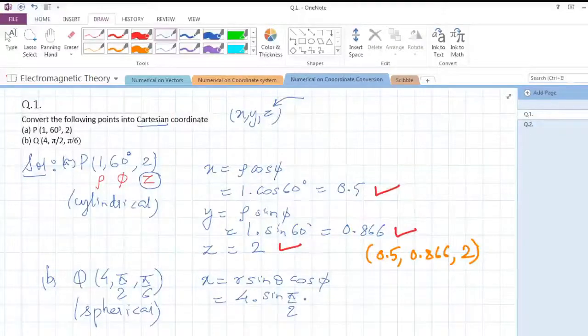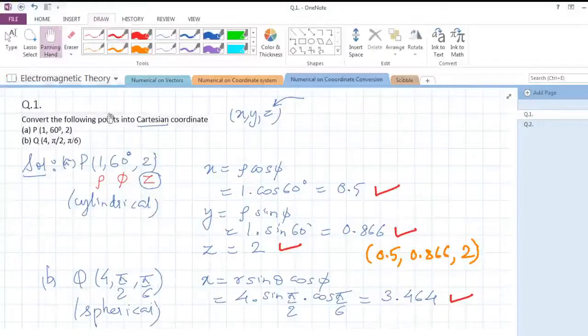Do you remember what sin pi by 2 is? It should be 1. Then cos pi by 6. To save time, I'll directly write the answer: cos pi by 6 is 0.866, sin pi by 2 is 1, and r is 4. So our answer would be 4 multiplied by 0.866, that is 3.464. This is the value of x.